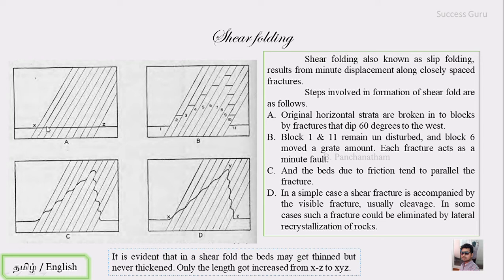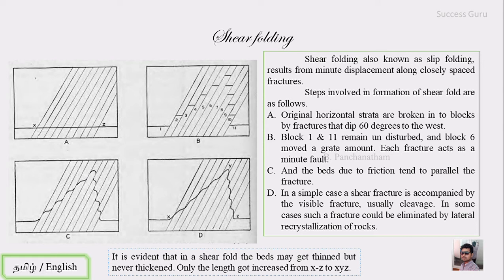Earlier it was x to y, and after the deformation, the distance increased from x to y, then z. Here it is x to z, right? So when the length is increased, the rock will definitely get thinner, right? So this is how it is taking place. So due to shear folding, you can expect only thinning of rocks, and there will be no thickening of rocks.